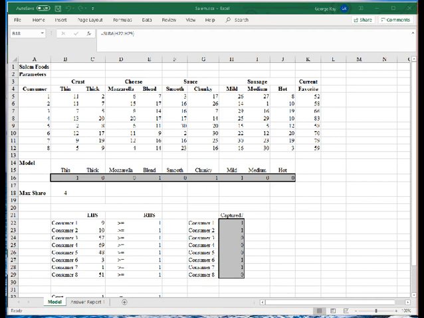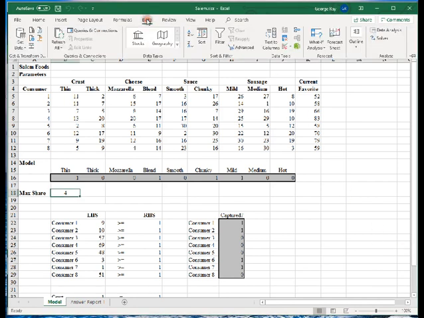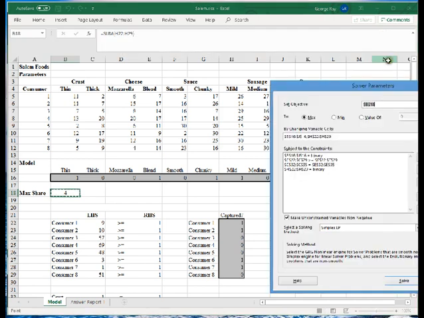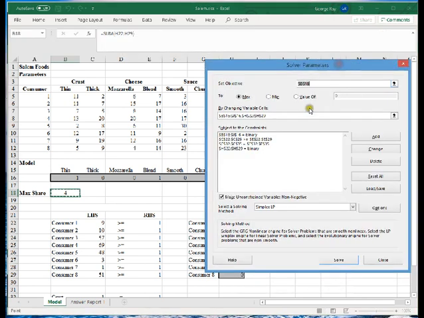So let's take a look at our data solver for this one. So what we want to do is maximize our market share.